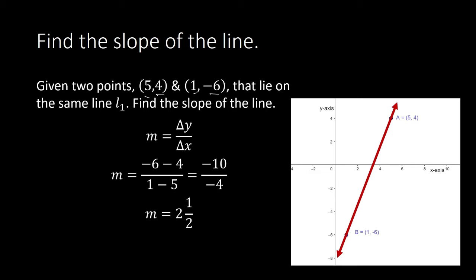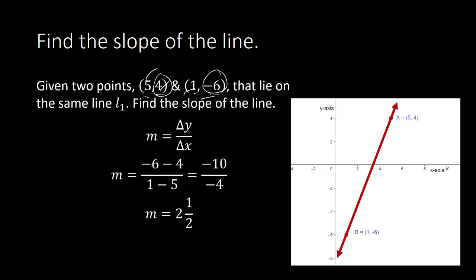Now students are kind of confused and worried that they are choosing the wrong y's and the wrong x's. So if you begin your change in y in this way, 4 minus negative 6, and your change in x is 5 minus 1, that's okay. It will give you the same value for your slope.